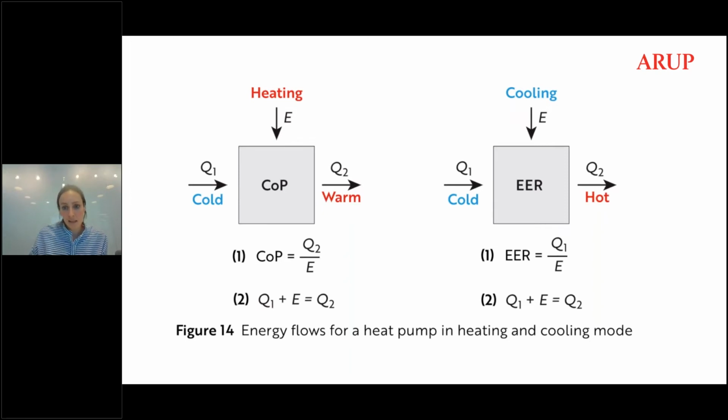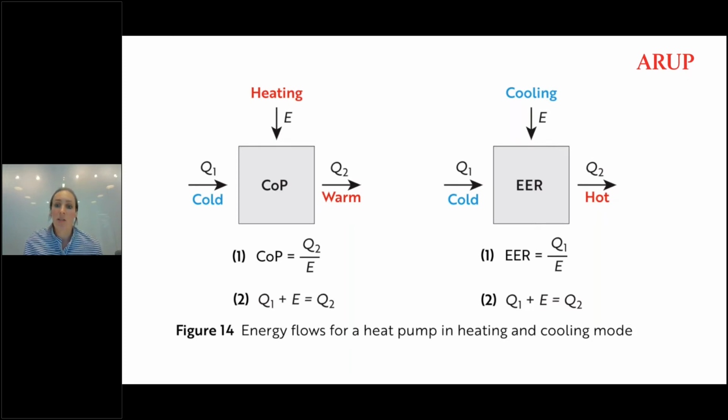And that efficiency depends on lots of things, and the specific technology of the compressors and the refrigerant used, but it also is really dependent on the temperatures at which you're distributing and the temperatures of your heat source. Now, your manufacturer will provide the EER or COP for each unit.